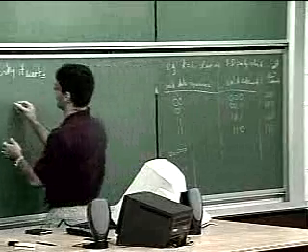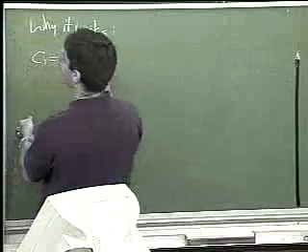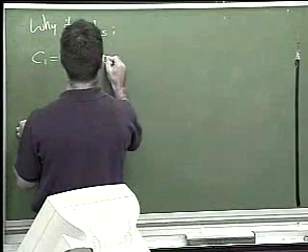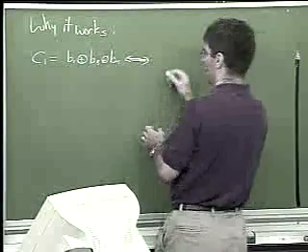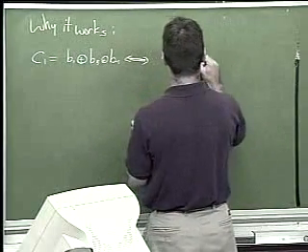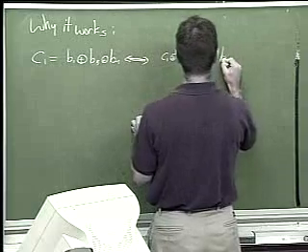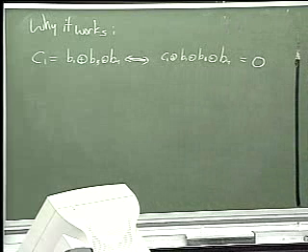Okay, so why it works. C1 equals B1 XOR B3 XOR B4 is the same as saying what? C1 XOR B1 XOR B3 XOR B4 is 0, right?